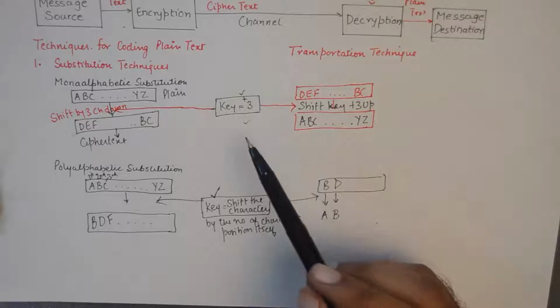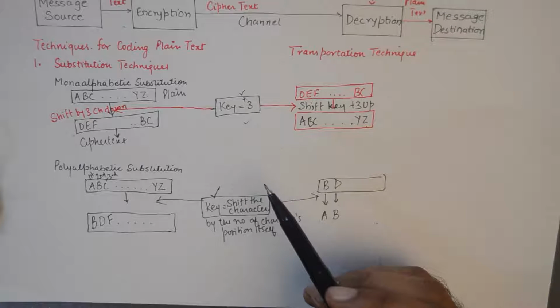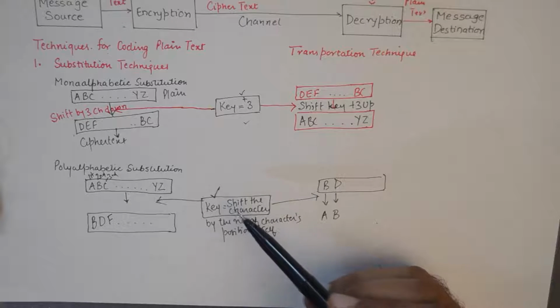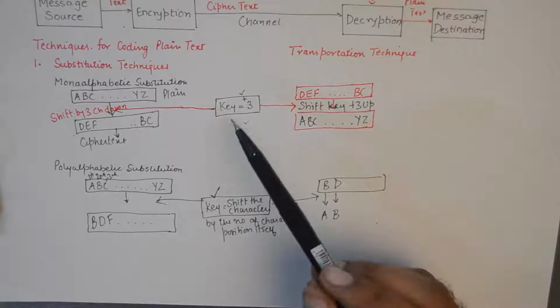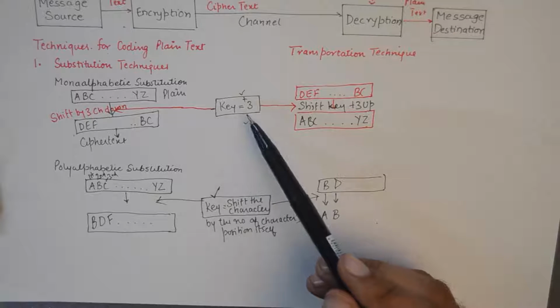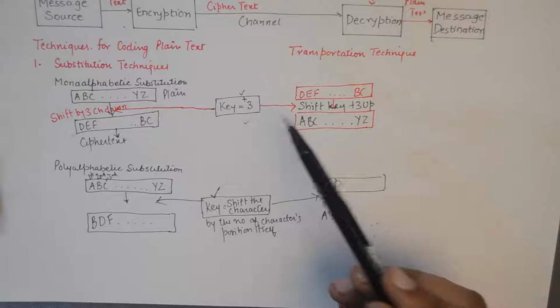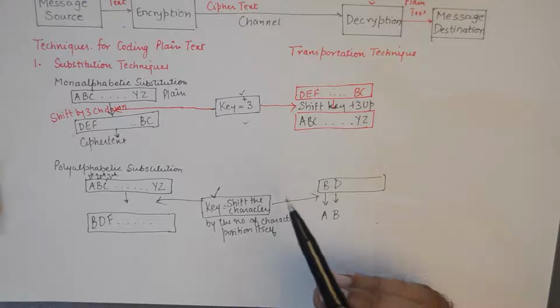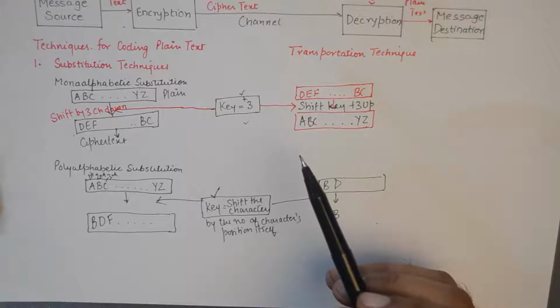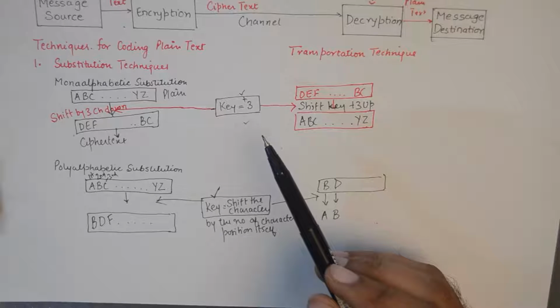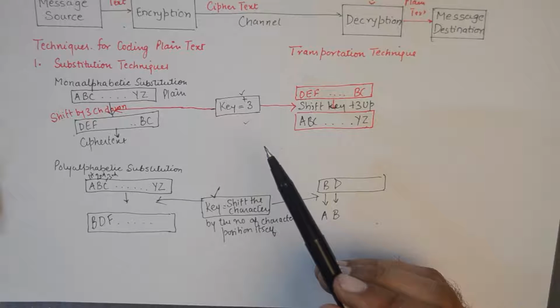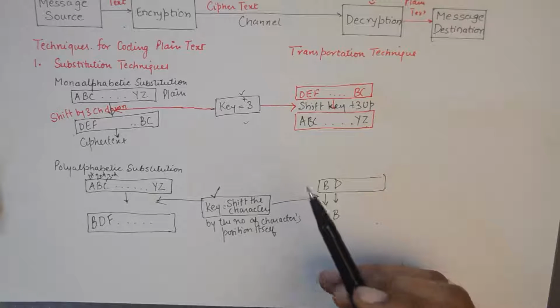So that is what remains common in monoalphabetic and polyalphabetic substitution, because in monoalphabetic substitution we could have a number of cases where we want to shift the characters by 3 positions, 4 positions, 10 positions in the forward direction, and then we could have as many possible cases in the reverse direction where we could shift the characters by 5 positions in the negative direction, and so on and so forth.